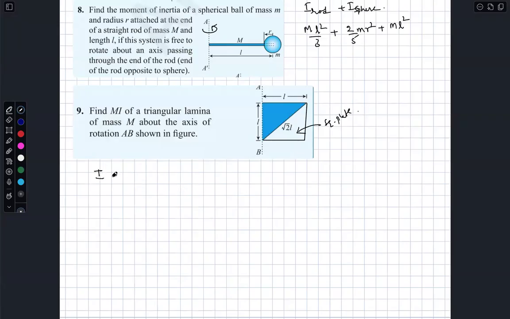So total moment of inertia. One minute, one minute. I will derive it actually.